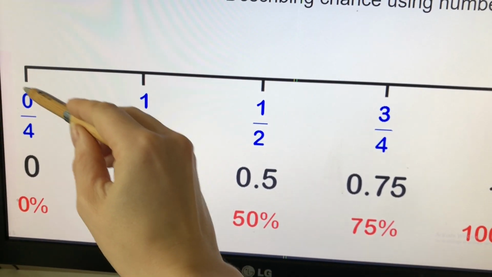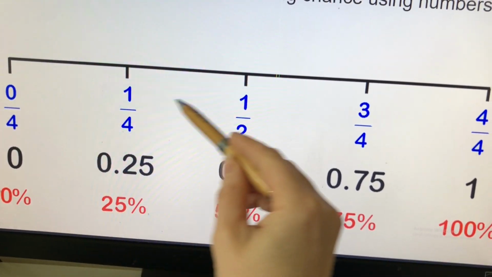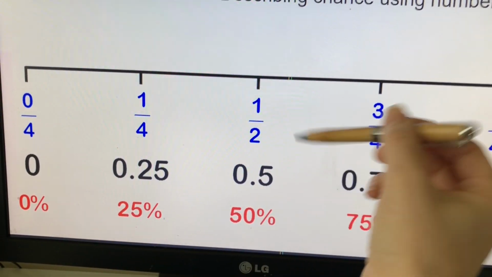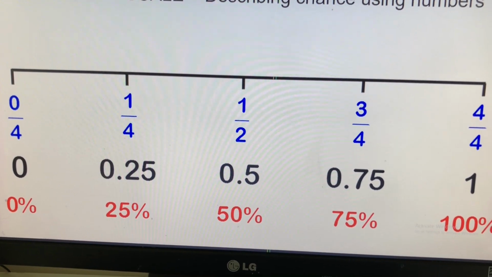So the entire range here was used if something was felt to be unlikely.